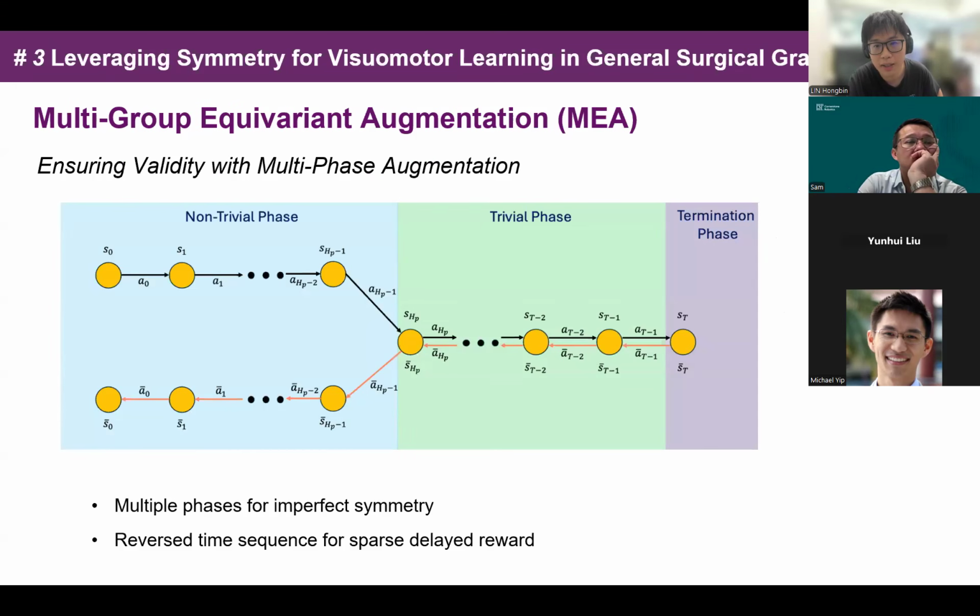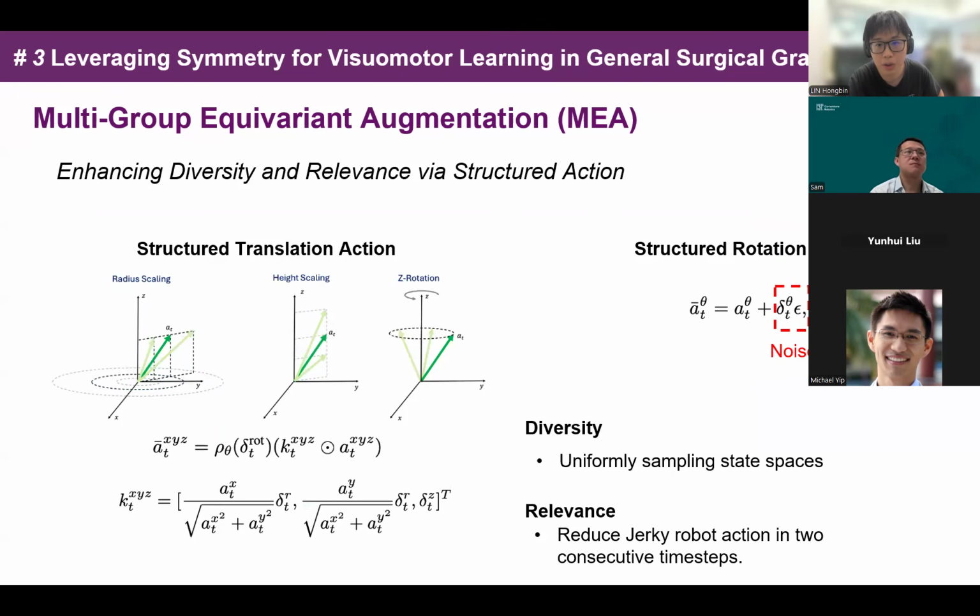We propose a novel data augmentation leveraging the non-isometric symmetric prior. Our augmentation satisfies the validity of the POMDP using the multi-phase augmentation, given the imperfect phase symmetry of the task. In addition, we augment the state in a reverse time sequence to deal with the consistency of the sparse delayed reward. We also use a structured action for data augmentation.